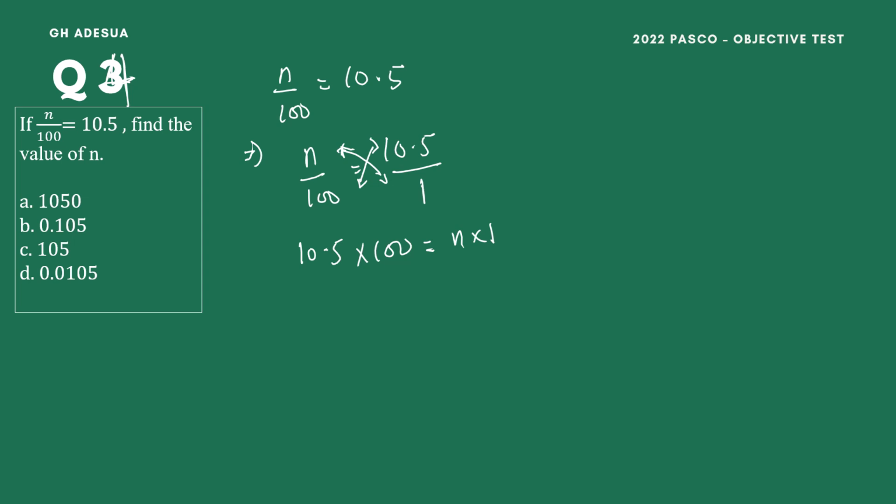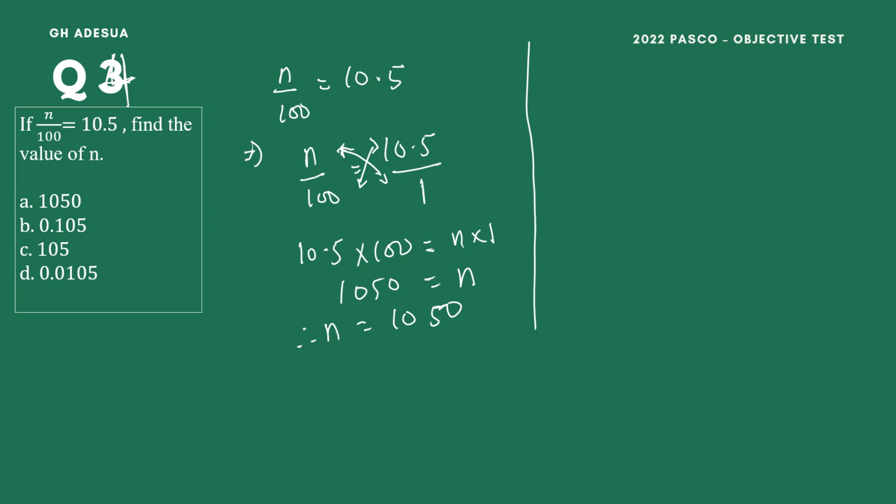Where 10.5 times 100 gives us 1050, and then n times 1 gives us n. So in here we have the value of n to be 1050.